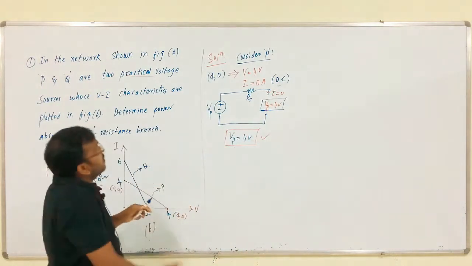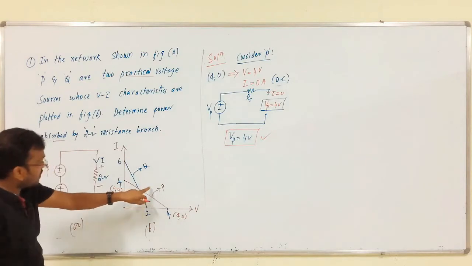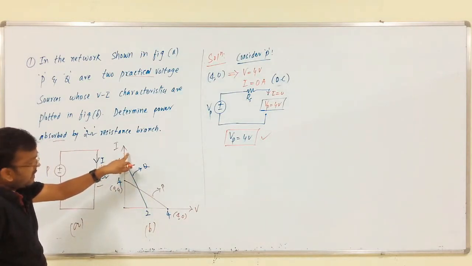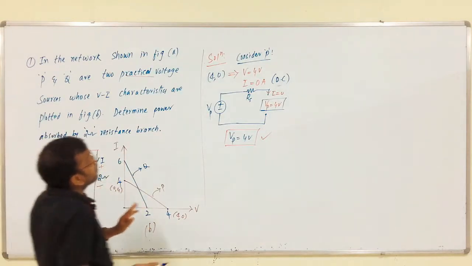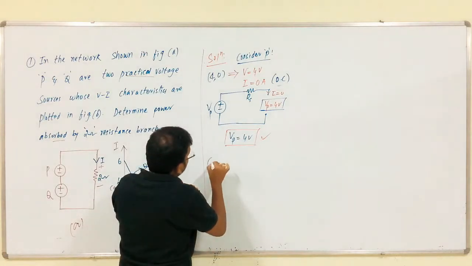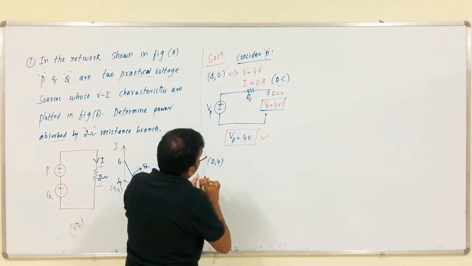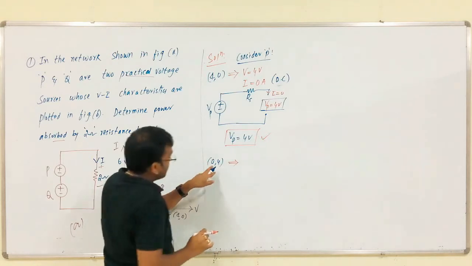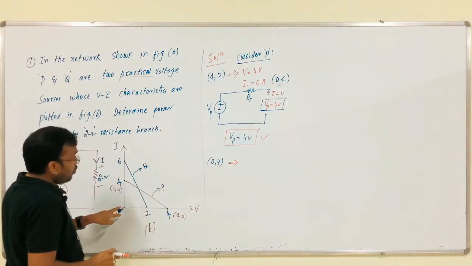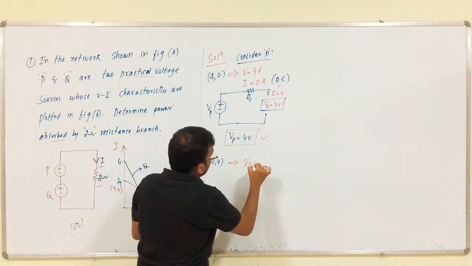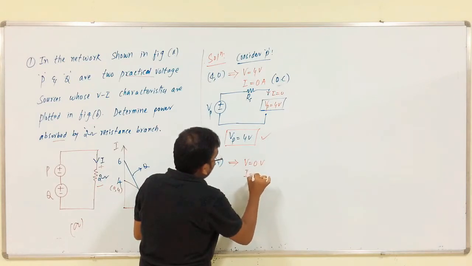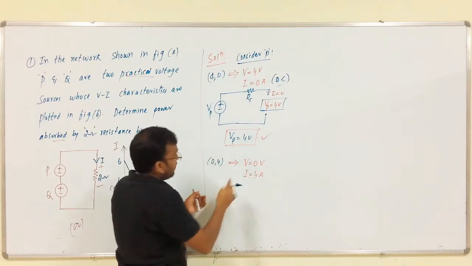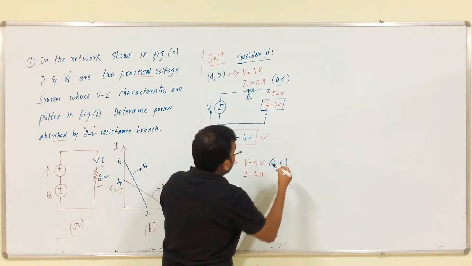Next, if we consider for the same graph on the y axis, we have 0, 4. What is this 0? Which is nothing but the voltage value. V is equal to 0 volts, I is equal to 4 amps. If V is 0 it means short circuited.